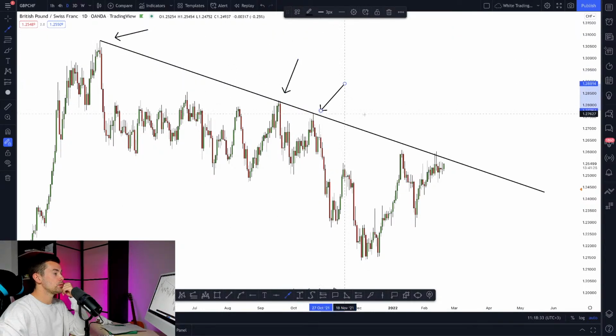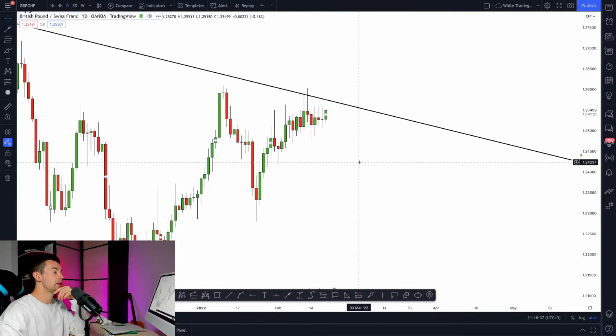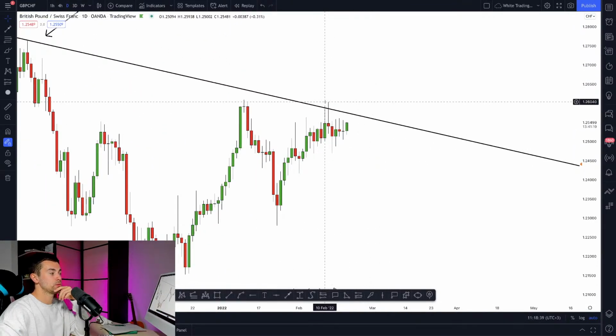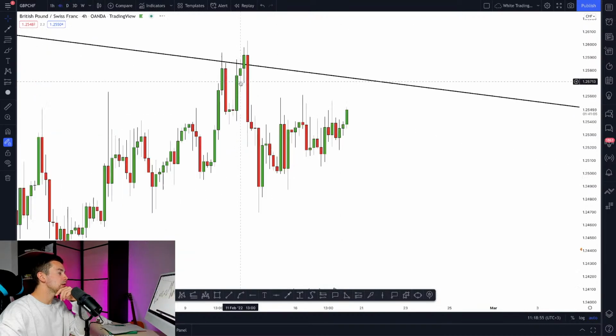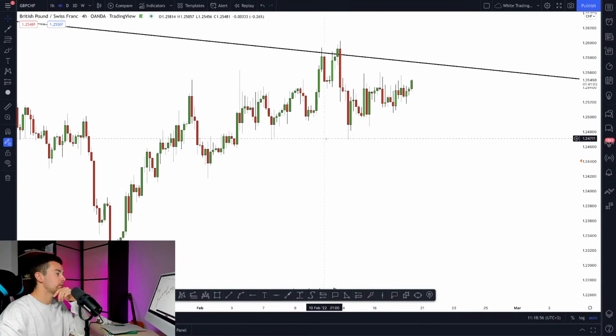Yes, 1, 2, 3 times in a row it was respected. And look how the price reacted to the trend line once it was reached. We formed multiple rejections right here. Yes, the market became weak, the market became indecisive, and you can see that for now bulls didn't manage to violate that trend line.